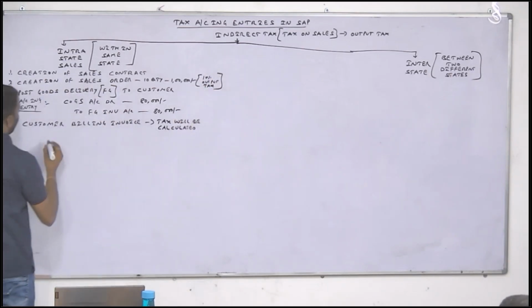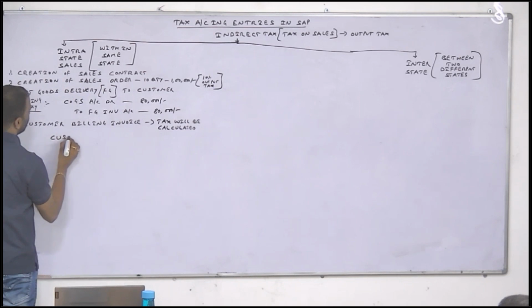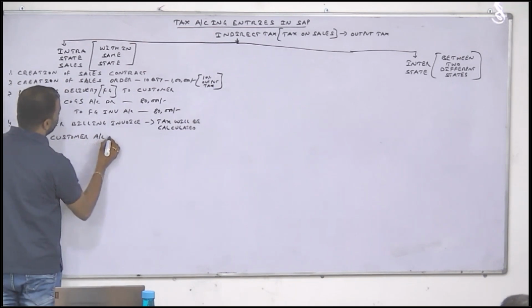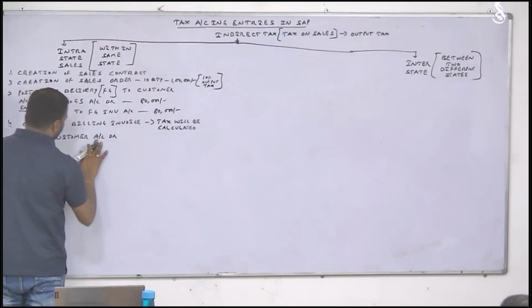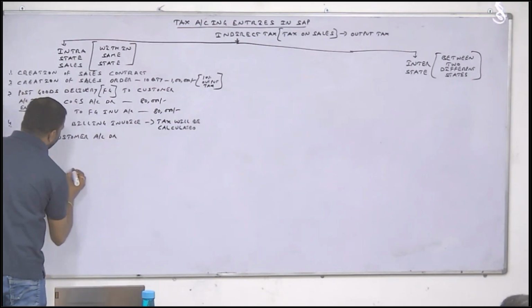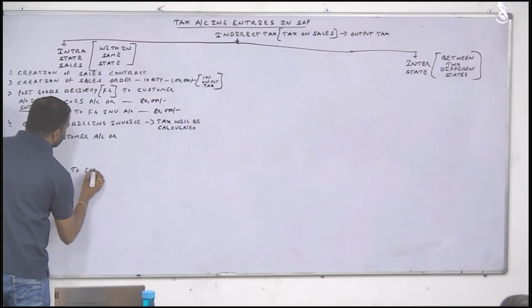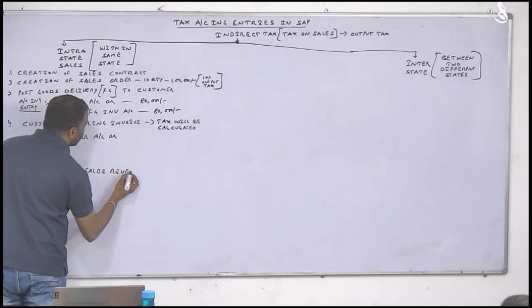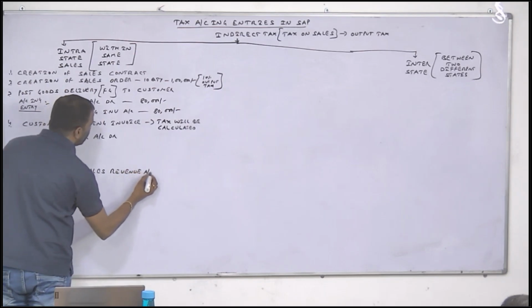Now tell me, what is the accounting entry? Customer account debit. First we will write what our sales revenue is. How much revenue is the company getting? 1 lakh.